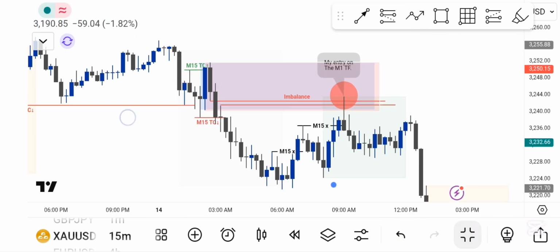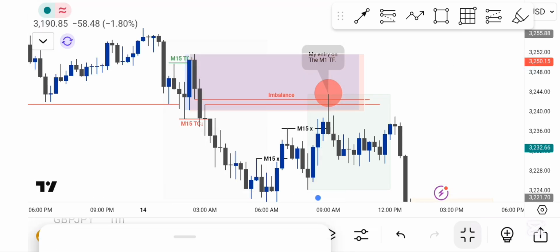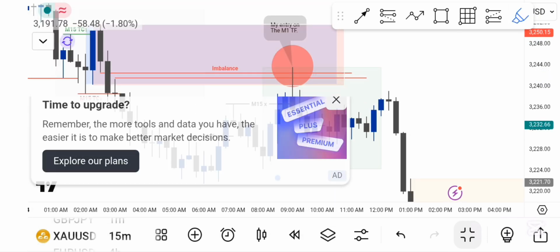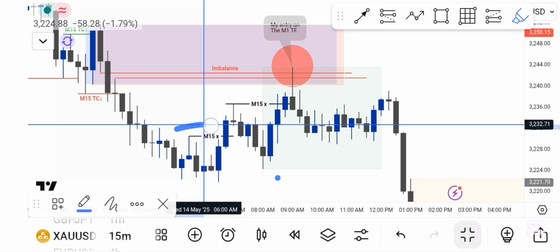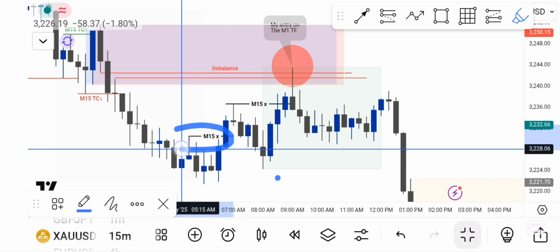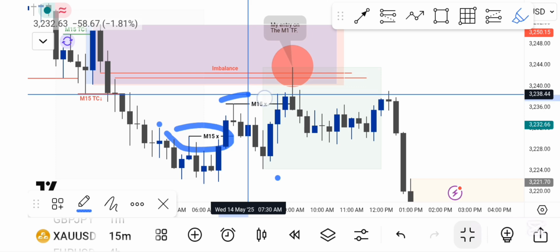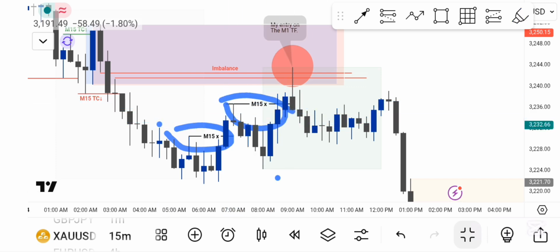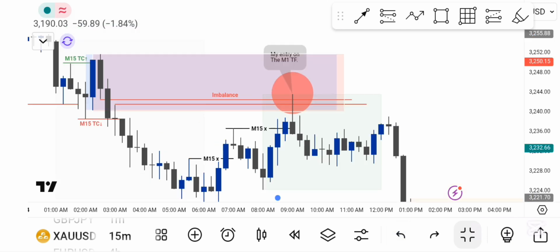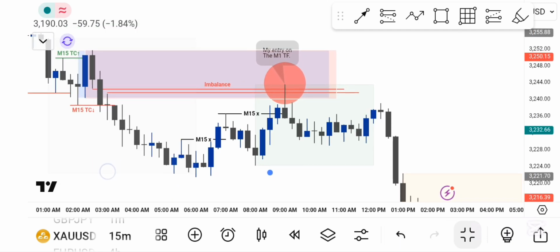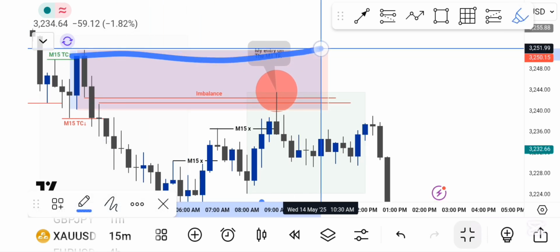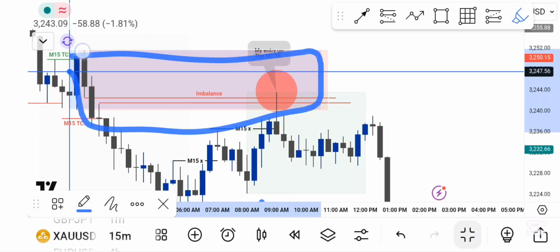So what happened is that as price retraced back, it was building up liquidity. You get? Liquidity was built above these highs and also above these highs. So as they were swept, I was happy to take shots from this zone here, from this my supply zone.